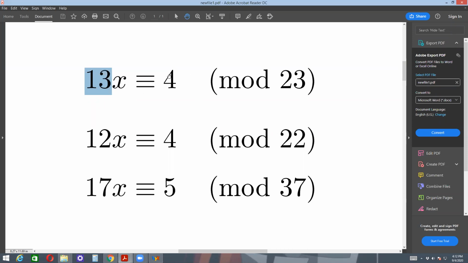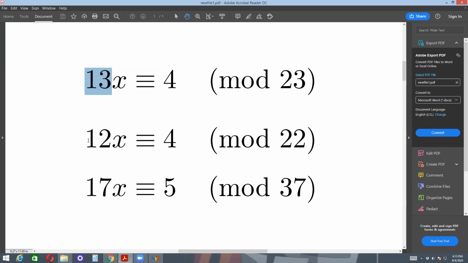So 3x is congruent to 8, and then I could multiply both sides by 8, and I'll get 24x is congruent to 64. Now 24x is 23x plus x, so basically x is congruent to 64, and 64 is 18 mod 23, so that's your answer.